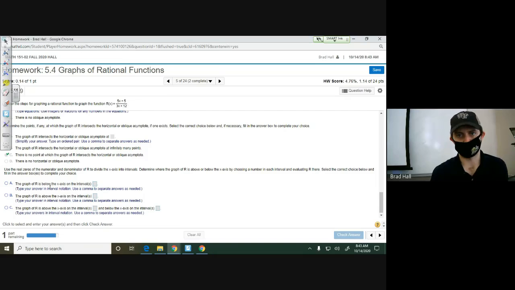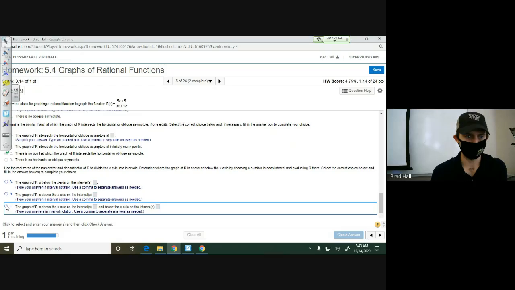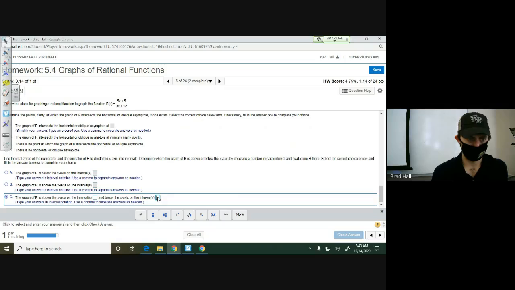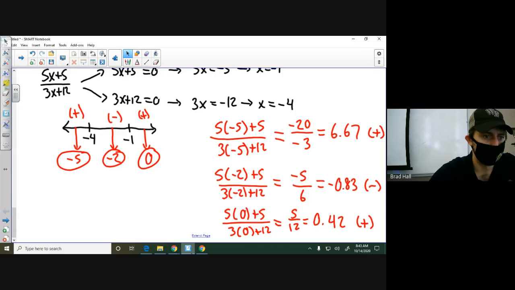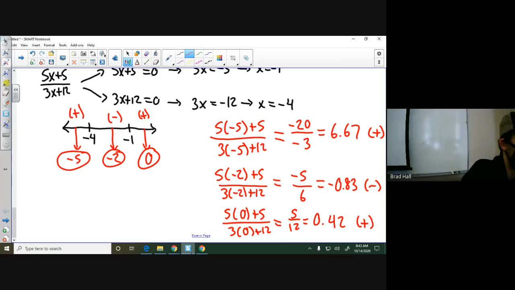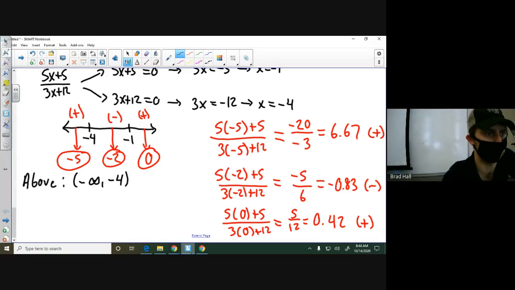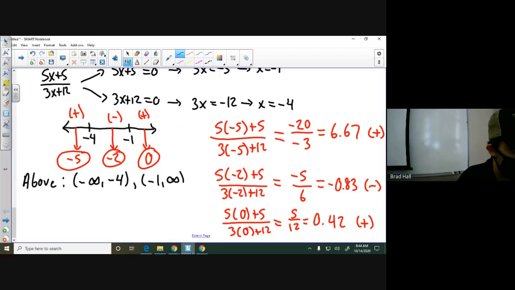So since we have stuff above the x-axis and below the x-axis, I'm going to use answer choice C here because it has a blank for above and a blank for below. Now, once the answer is in interval notation, so the intervals here -infinity to -4 and -1 to infinity.